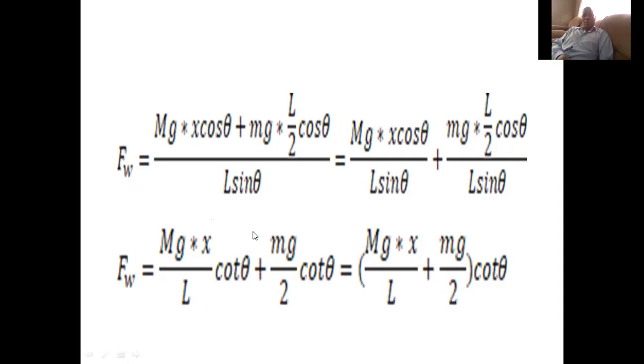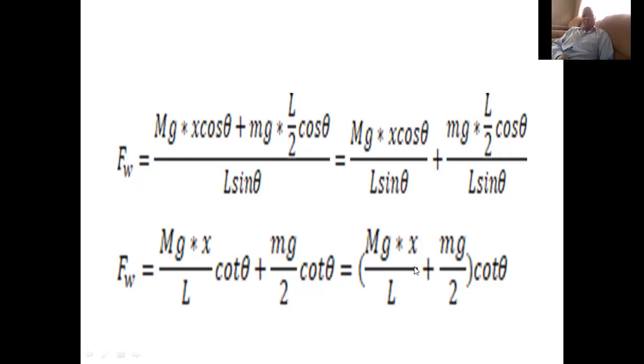And as you are aware from trigonometric identities, cos theta over sine theta is cot theta. And this is what you wanted to achieve here. So where there is cos theta over sine theta, we can substitute cot theta. Similarly here, when you divide this by this one, the L will cancel out, and therefore we are going to remain with mg over 2 cot theta.